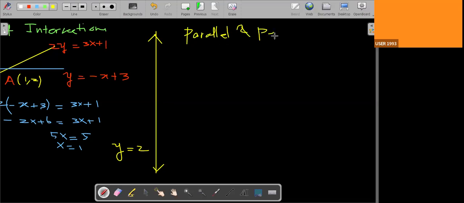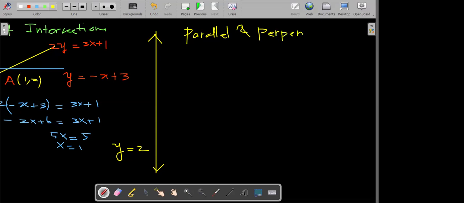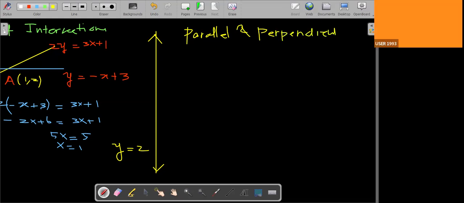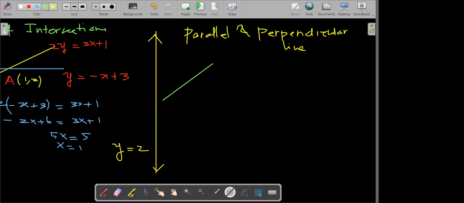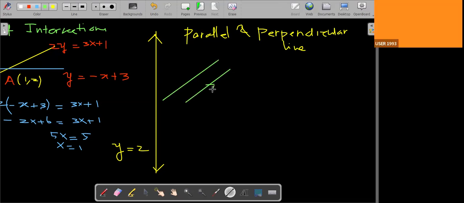Parallel and perpendicular lines. What do you mean? What is the meaning of perpendicular? 90. Parallel means if two lines are parallel, then they have the same gradient. Remember that. Say this one is M1, then the gradient of the other one is also M1 because they are parallel. Gradient means slope.